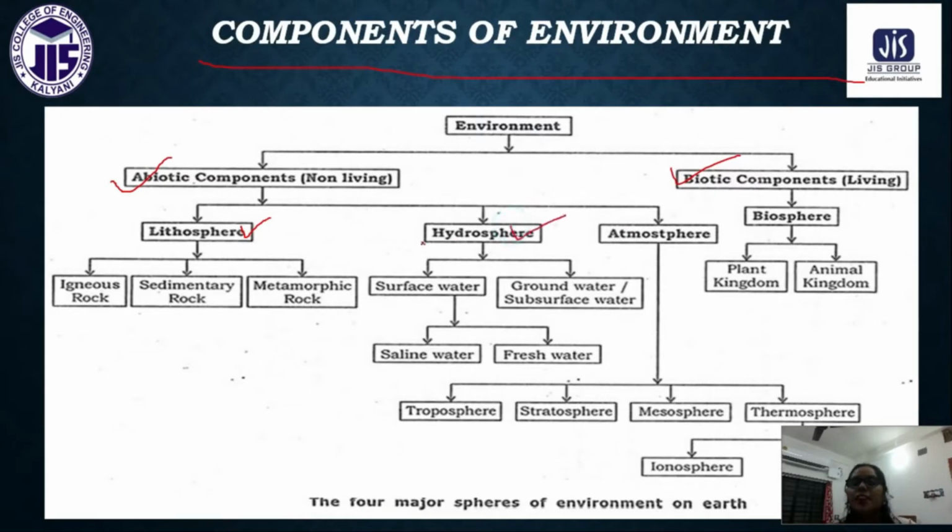Hydrosphere means the water bodies, whatever water resources we have, river, pond, lake, sea, ocean, all types of water resources are called the hydrosphere. Okay, now lithosphere is again of three types: the igneous rock, sedimentary rock, and metamorphic rock. And hydrosphere is again of two types. One is surface water and one is groundwater.